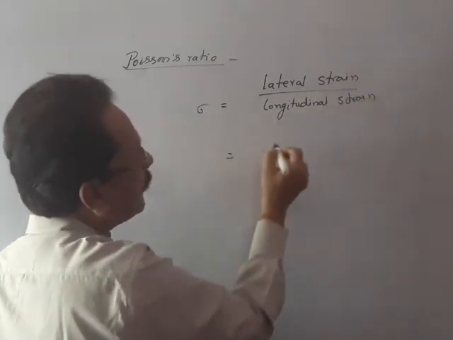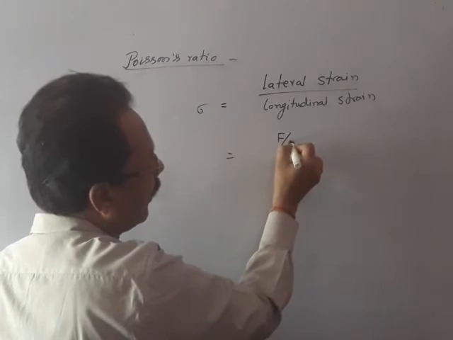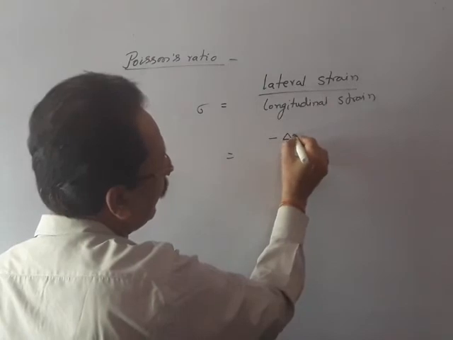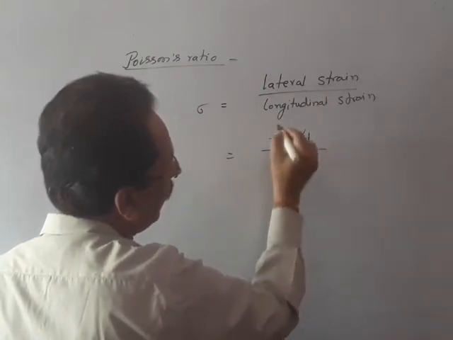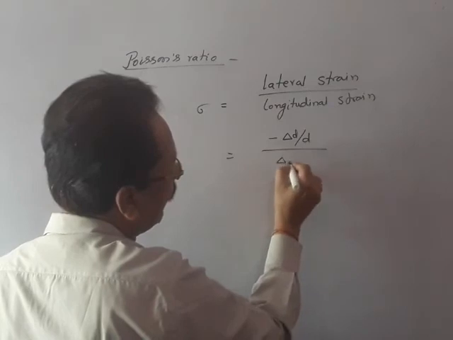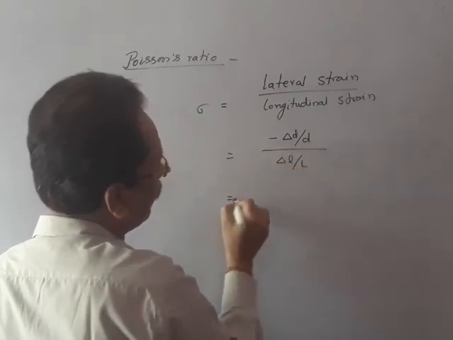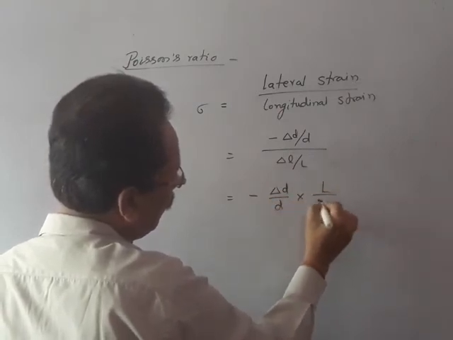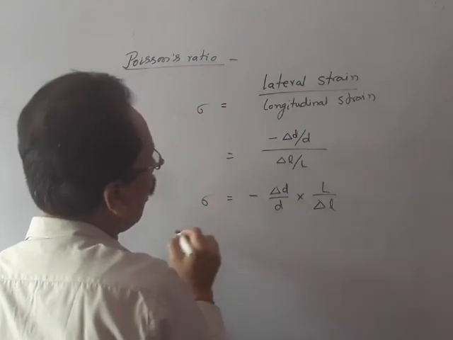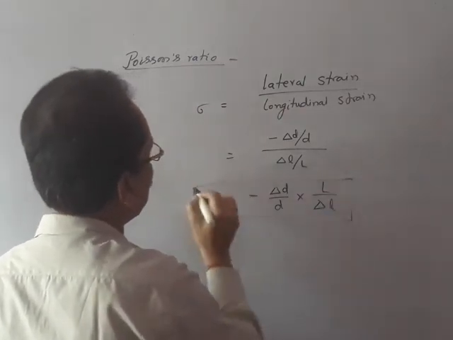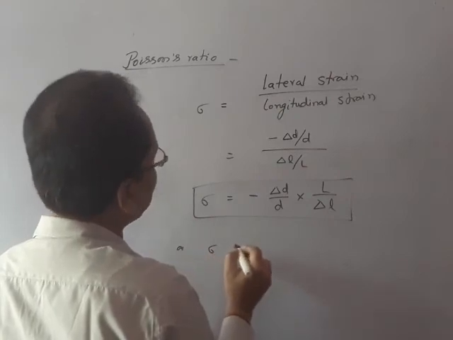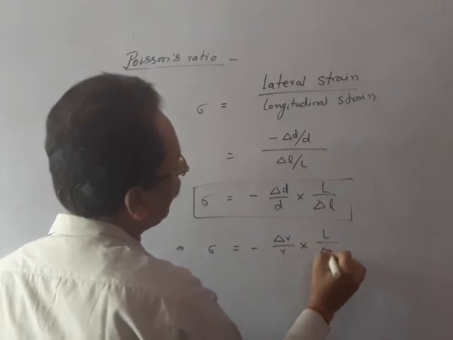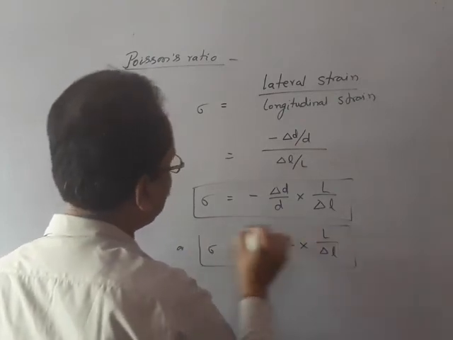Lateral strain we have got as minus del D by D, and longitudinal strain is change in length to original length, so this will be minus del D by D into L by del L. This is sigma, that is Poisson's ratio, equal to minus del R by R into L by del L. This is the Poisson's ratio.